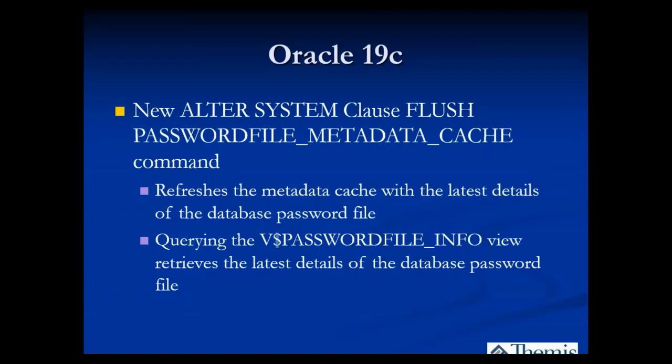But if somebody comes to you and says, all of a sudden, I'm working on your thing, John, but I can't get into the system right now because it won't let me log in as my DBA type user or special privileged user, well, this is a good time for you to suggest, hey, maybe it's because of this. You know, is this a database? How long have we been in 19C? Oh, we just upgraded to 19C over the weekend. Okay, maybe that's the problem we're having. So if we're having problems logging in as a privileged user, it might be because of this. We just need to run that alter system command, and then voila, it's fixed.